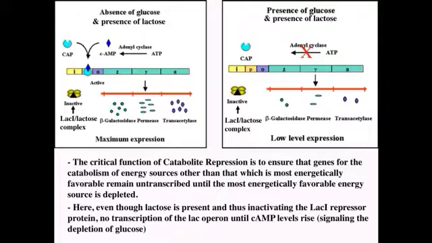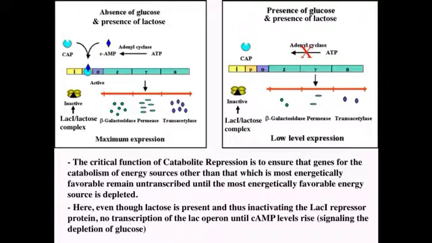But now, in that growth curve that I showed you a couple of slides ago, you saw that once glucose was used up, but lactose was still there, what happens next is there's that pause, that second pause in the diauxic growth curve. That's representing what's happening here on the left-hand side of this schematic. The absence of glucose, so glucose has been utilized, but the bacterium has lactose present.